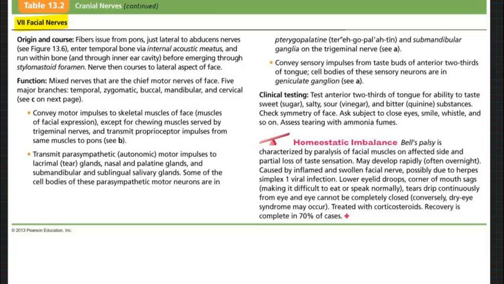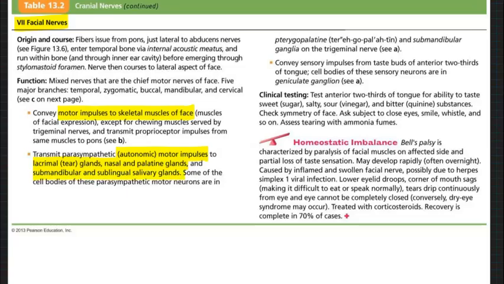So, let's talk about function. Motor impulses to skeletal muscles of the face, which means your facial expressions. Autonomic impulses to a bunch of glands.